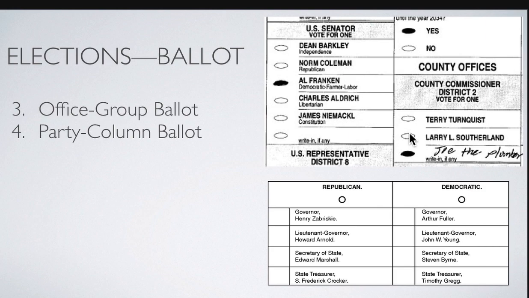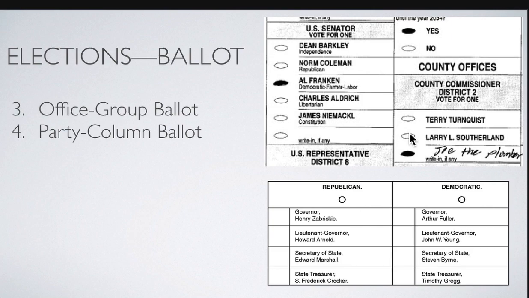The party column ballot is the ballot you see on the bottom right corner. That is where you have all the Republican candidates in the left column, the Democratic candidates in the right, and you'll probably have a few others further off to the right that are more minor parties. But you'll notice that the top line is your vote for governor, and you choose between Republican or Democratic. And then you have lieutenant governor, and so on and so forth down the list.